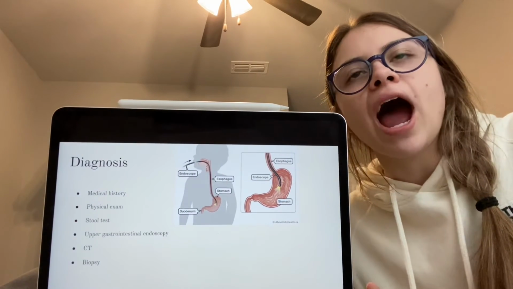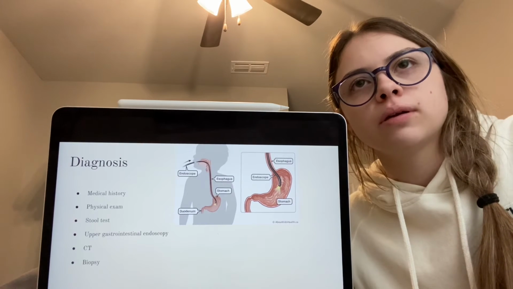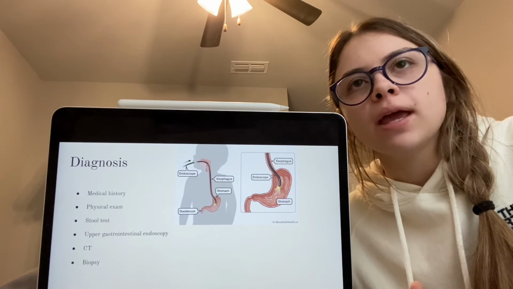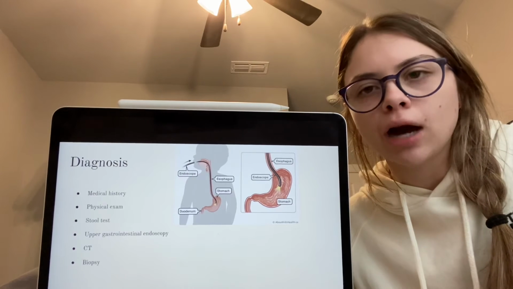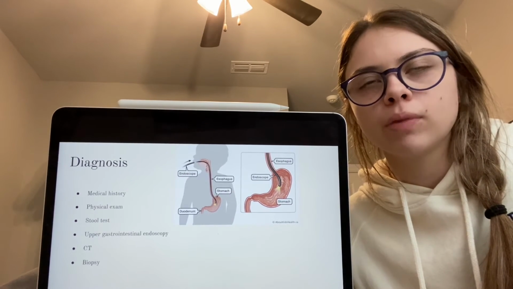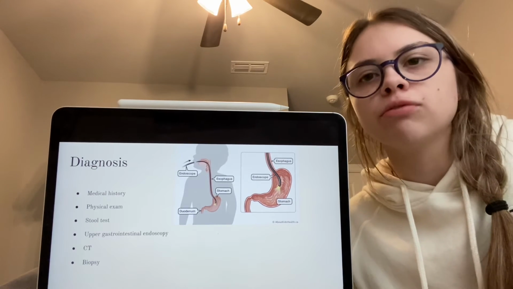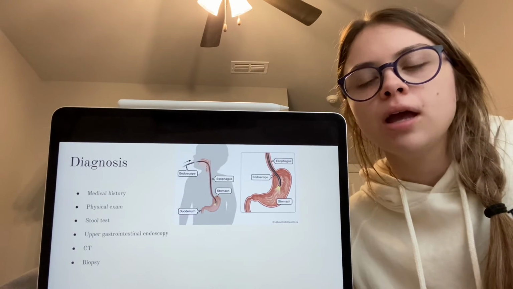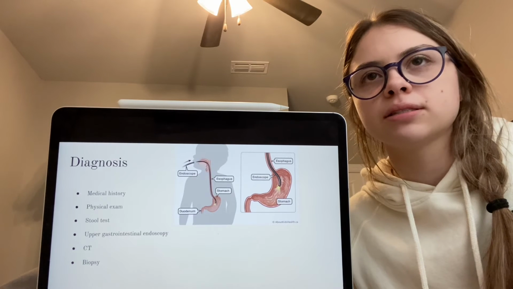Diagnostic. So how do we get diagnosed? Medical history. Who in your household has H. pylori that you could get H. pylori from? A physical exam. Doctors will feel around your stomach and see where that pain is.